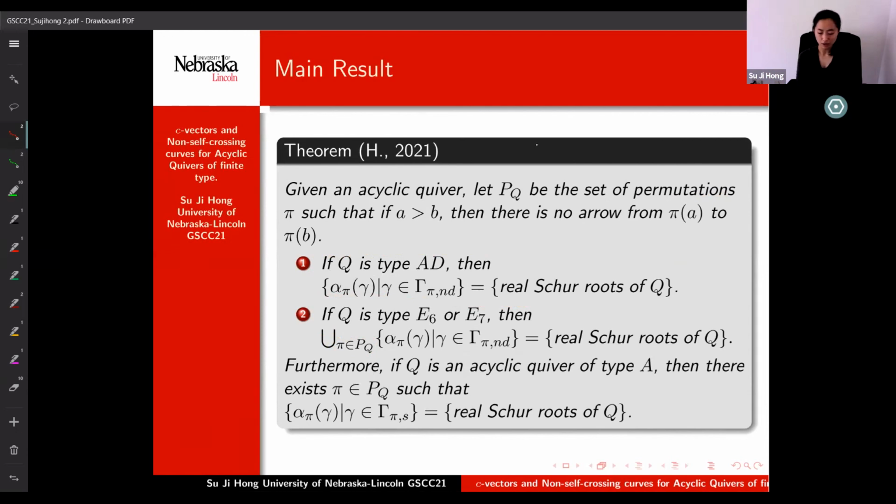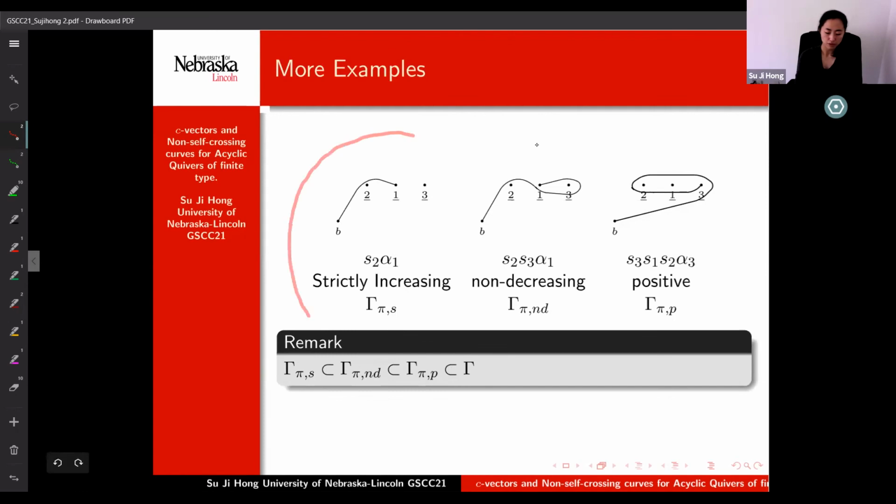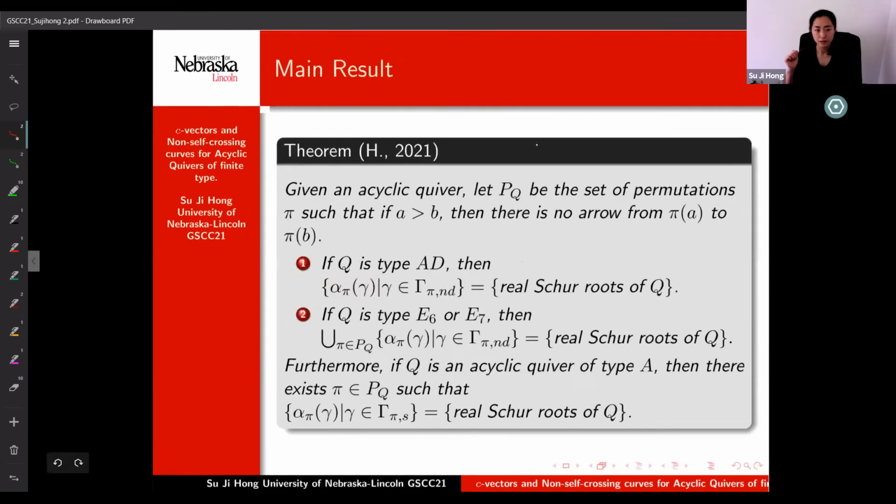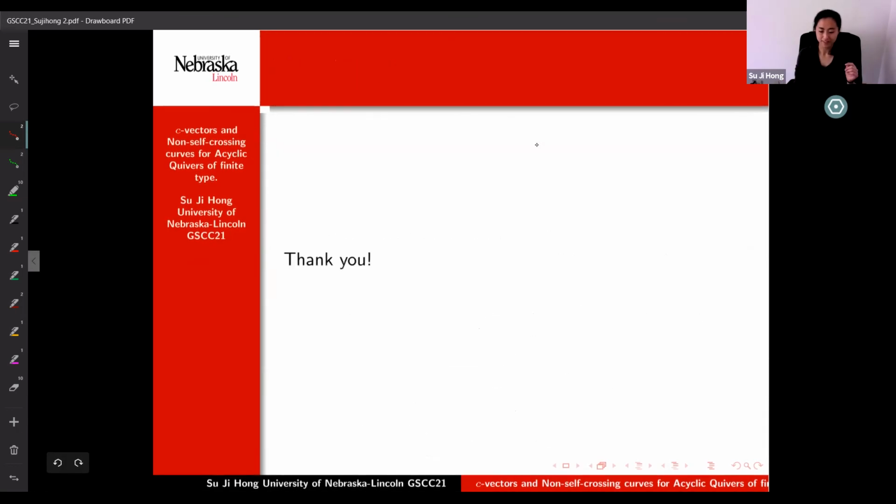And actually, for type A, we were able to find strictly increasing curves for all real Schur roots of type A. I won't go into how I found that, but I will end here.